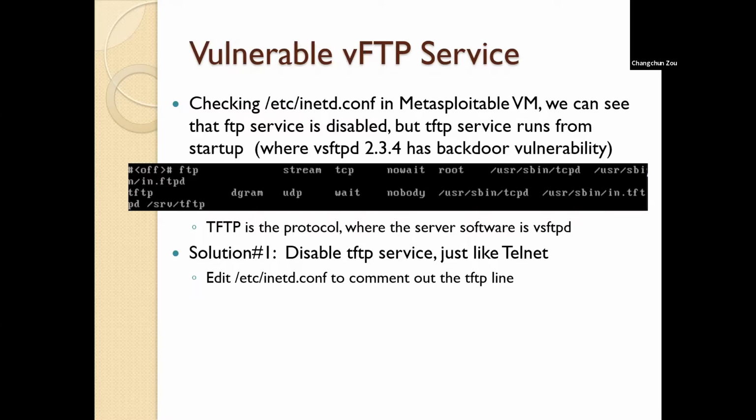So vsftpd is running from boot up. So you can simply comment it out, and when you reboot, vsftpd will not run, because vsftpd is a service used by the FTP protocol, just like Telnet.